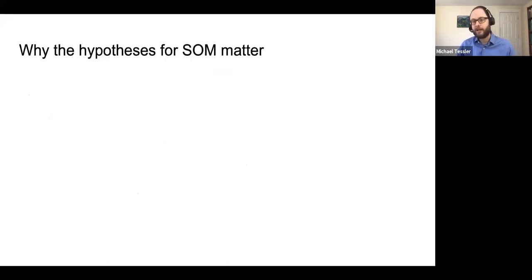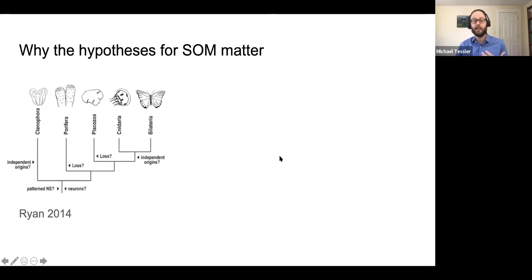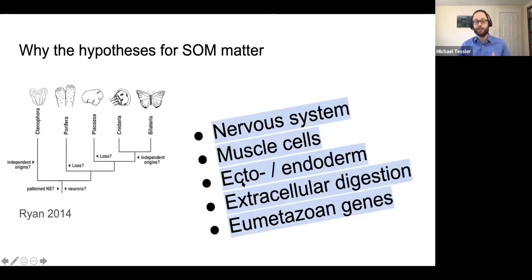So who cares, right? Animals are cool, but does this really tell us anything? Yeah, it has major implications for evolution of a lot of different functions. People have been mulling this over for quite a number of years, ever since ctenophores started to pop up as a likely candidate as the sister to other Metazoa.